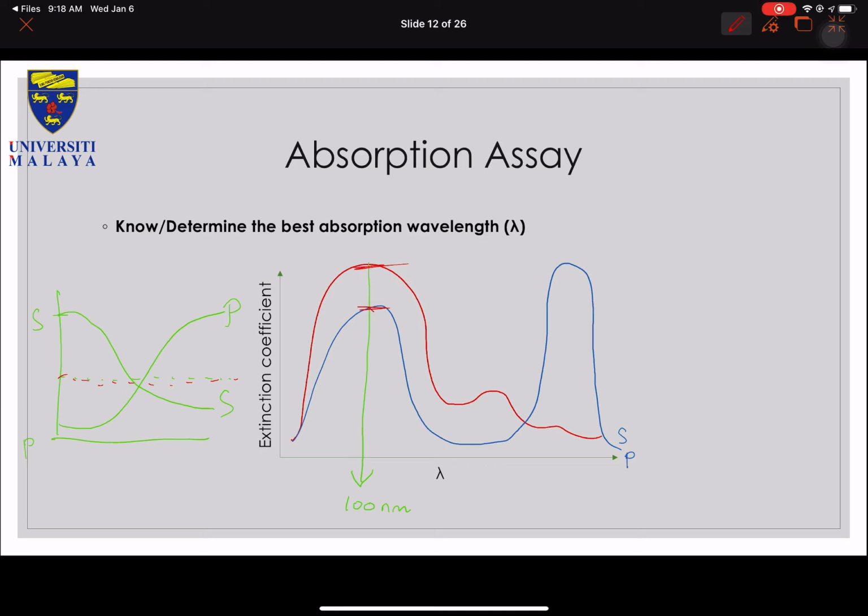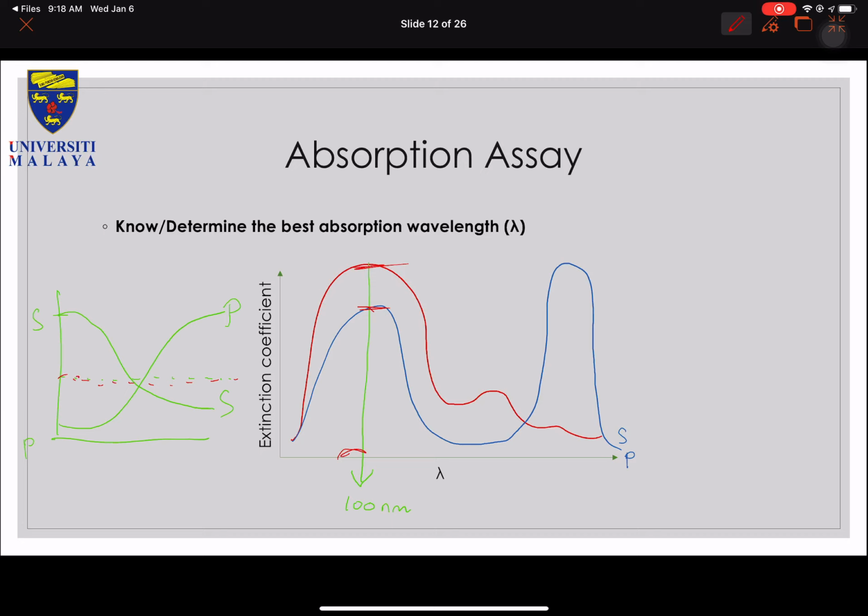But again, the main point here is that if you choose a wavelength where both substrate and product have high amplitude, so they are not down here, they are still high, what you will see is something like that.